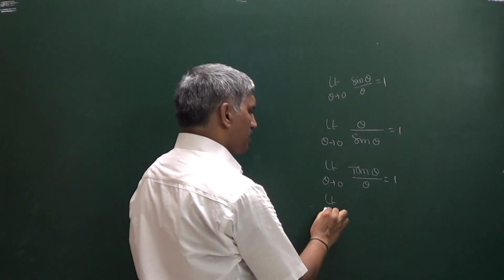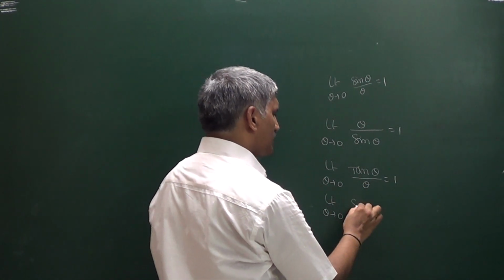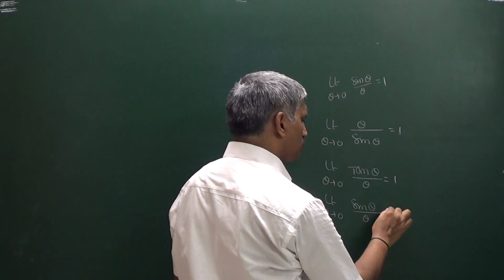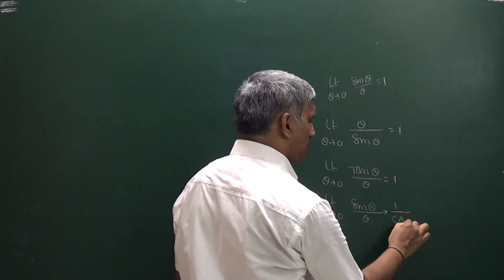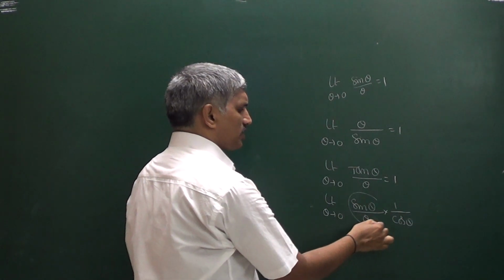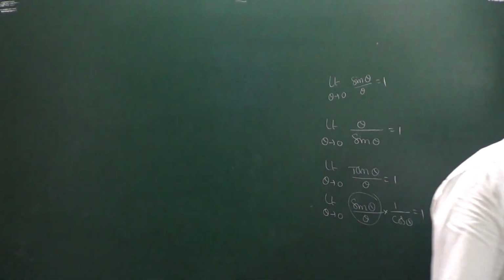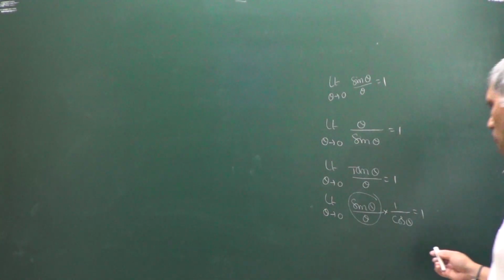The reason is limit theta tends to 0 tan theta can be written as sin theta by theta into 1 by cos theta, right? Sin theta by theta is equal to 1. If you substitute here, cos 0 is equal to 1. So this is the value.